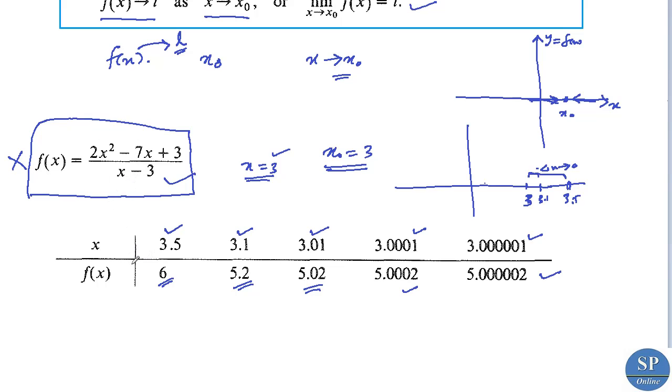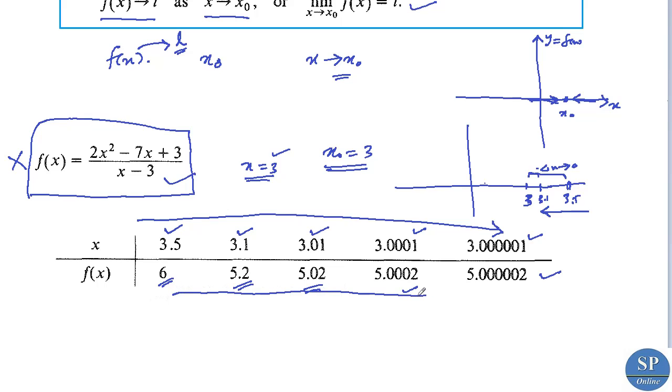So we are taking values near x. That is, we are letting x approach 3 from the left side and the right side. As x approaches 3 from the right side, f of x approaches 5.